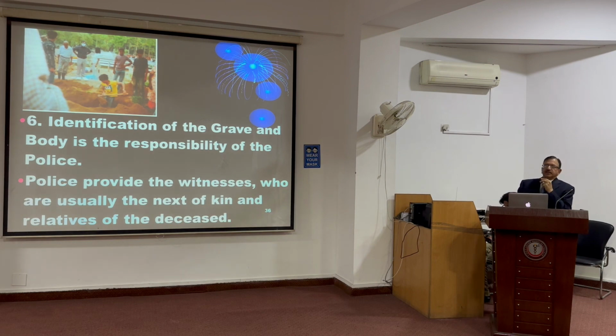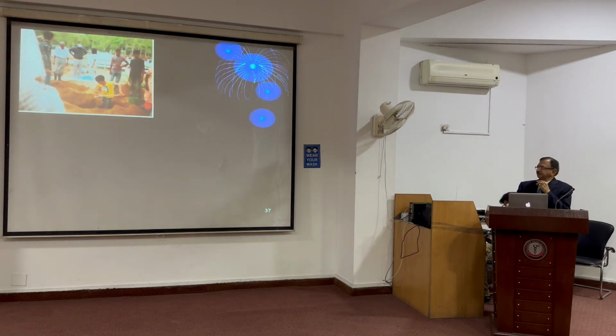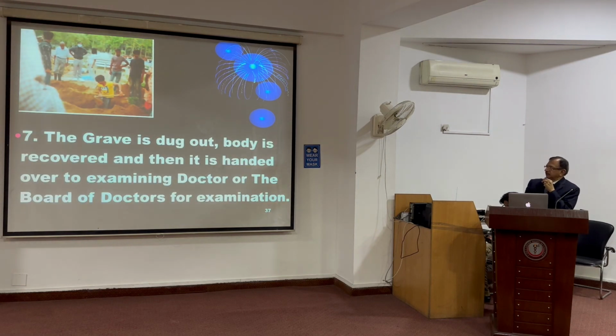And police bring the witnesses along with the identifiers, which may be the next of kin, which may be the relative, and they identify the grave. Then the grave is dug out and body is recovered. And when it is recovered, then the magistrate hands over the body to the doctor.